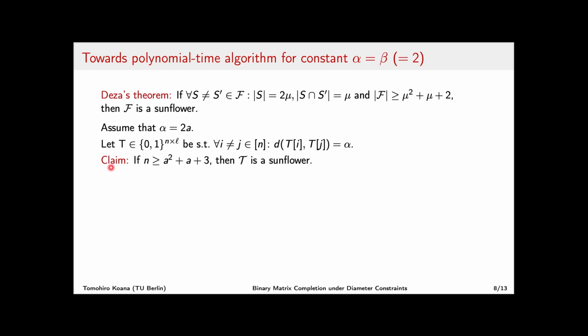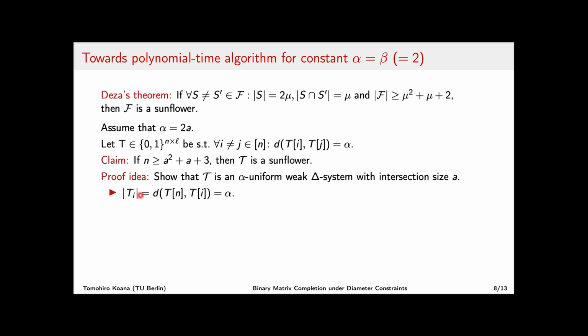We claim that when there are sufficiently many rows, then the set system representation is a sunflower. To do so, we just need to show that the set system is an alpha-uniform weak delta system with intersection size A.